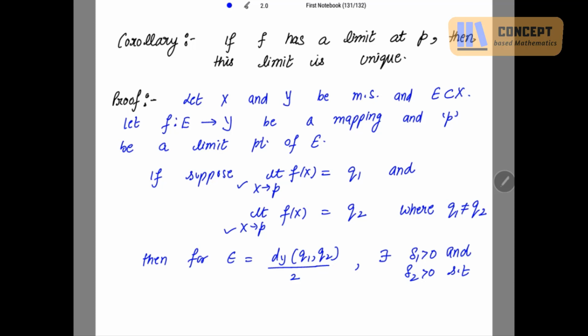Later on you will get to know why I have taken this epsilon. Because epsilon is positive, q1 and q2 are points of Y, and these two are distinct, this distance by 2 is positive. Now this epsilon works for both 1 and 2.